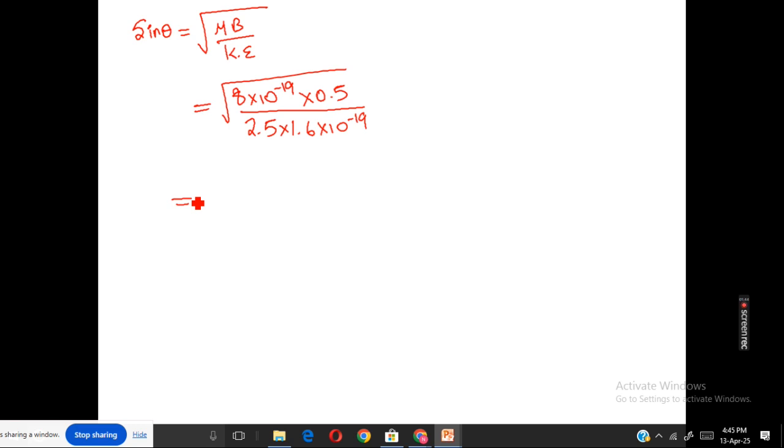It will give you a value of 1. Sin theta is equal to 1, which means theta is equal to 90. So V is acting perpendicular to the direction of the magnetic field. That's what it basically shows.